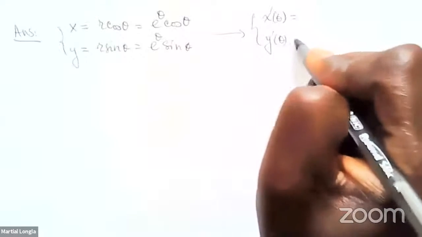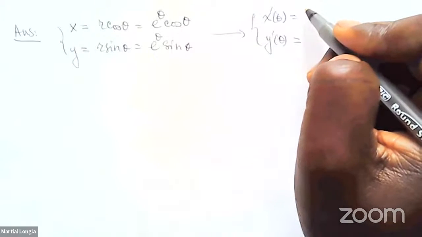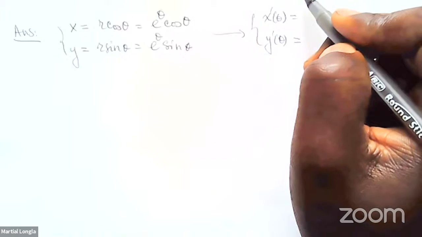Then you take the derivatives of both. What are they? Is it e to the theta cosine theta minus e to the theta sine theta?